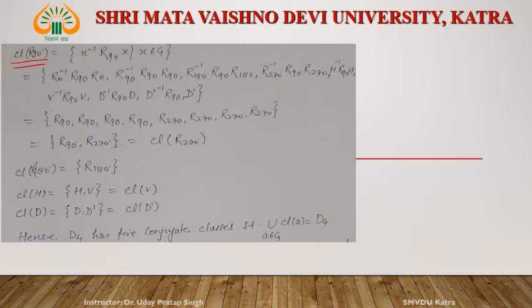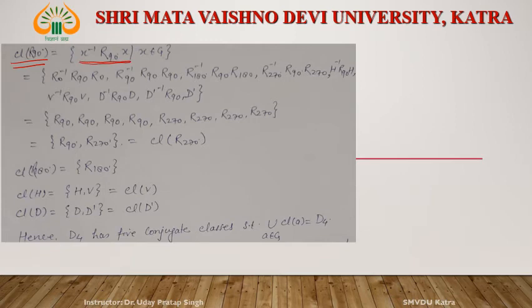What is the conjugacy class of R90? It is X inverse R90 X, where X belongs to G. What is X? X is any element of G. What are the elements of G? R0, R90, R180, R270, H, V, D, D dash. Then write all the elements of this type.